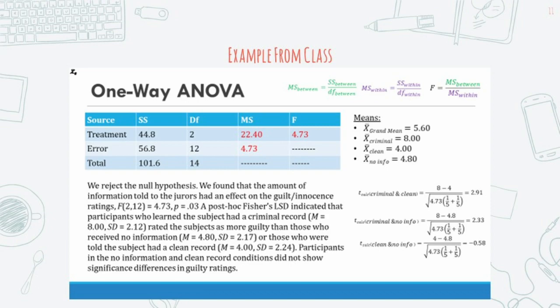But where does that difference lie? Then we follow up and say that a post hoc Fisher's LSD test showed us that those who viewed a criminal record rated subjects as significantly more guilty than either the clean record group or the no information group, but there was no significant difference between the clean record group and the no information group.